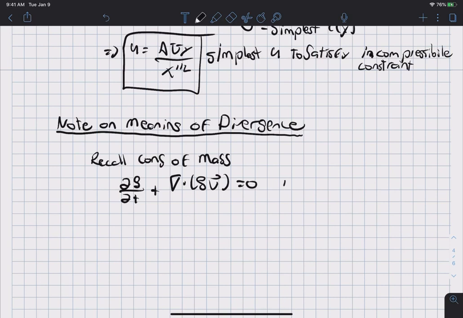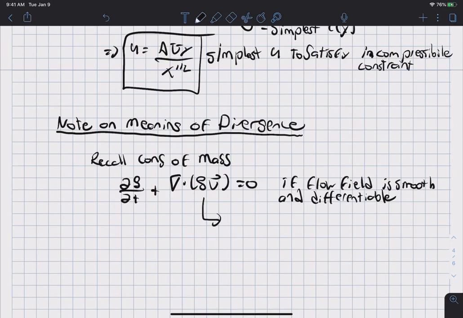And now we're going to assume the flow field is smooth and differentiable, so we can actually use a product rule on this divergence term.